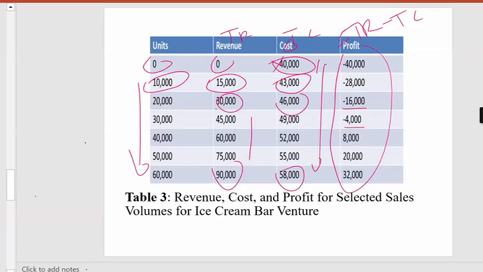But what you note here is that as you increase production, the gap between the total cost and the total revenue declines. The loss is decreasing.